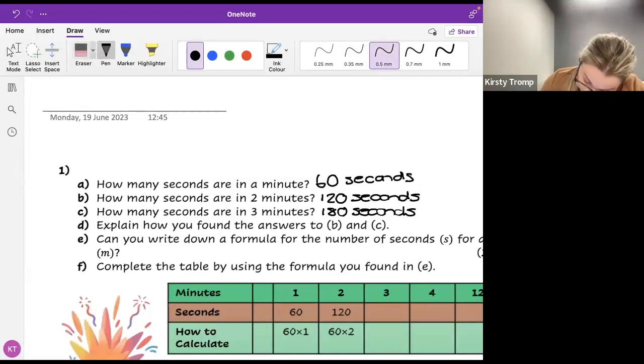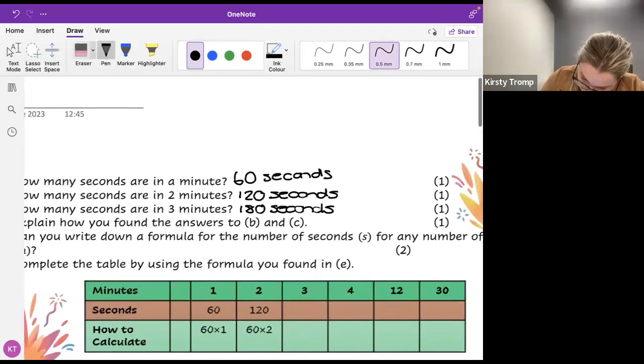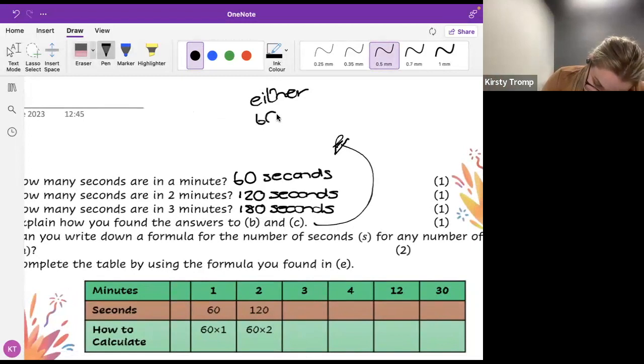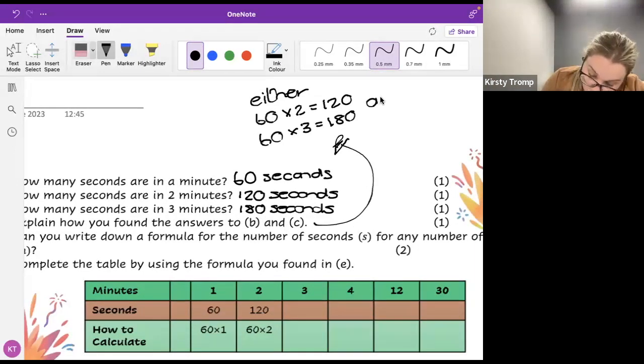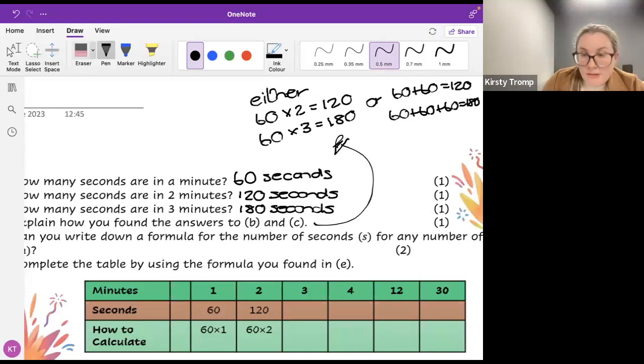So for B and C, either you can say 60 times 2 equals 120, and 60 times 3 equals 180, or 60 plus 60 equals 120, and 60 plus 60 plus 60 equals 180. Do you see how I'm explaining it, guys? Really nicely. I'm breaking it down for the person who's marking my work.